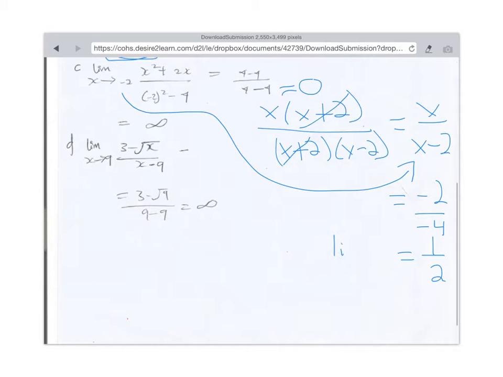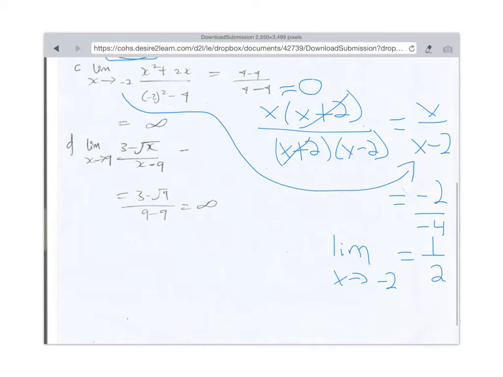So the limit of this function as x approaches minus 2 is 1/2. There's another removable discontinuity. And so it's very, very important that you know how to manipulate these formulas and find those factors that will cross out and allow us to find the value of the limit at that point.